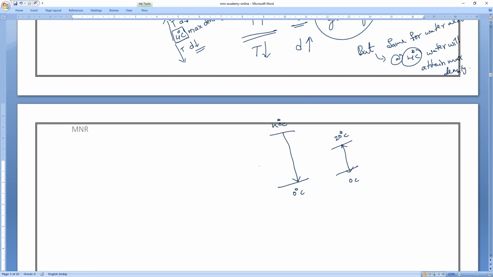For example, I want to bring both to 15 degrees Celsius. In which substance can I bring it faster, the first or the second?